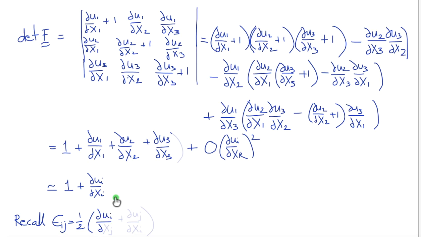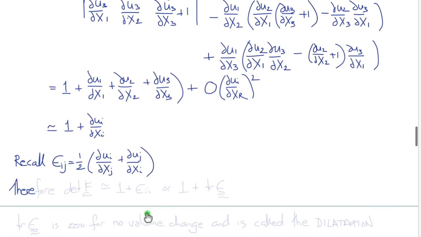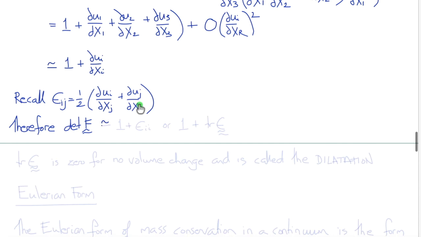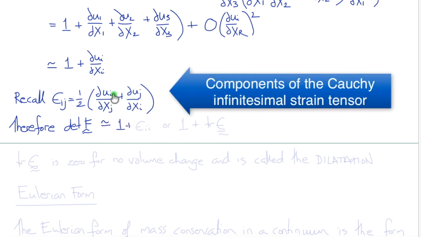Now remembering that the Cauchy strain tensor epsilon_ij is del u_i del x_j plus del u_j del x_i divided by 2, you can see that del u_i del x_i is just epsilon_ii, the trace of epsilon.